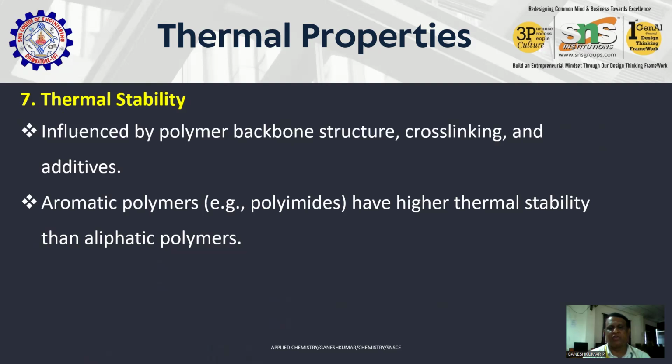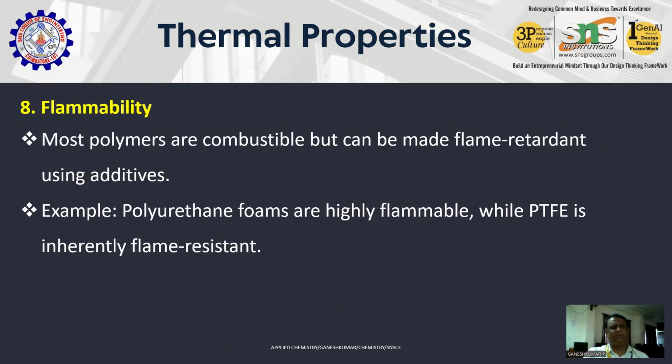Bakelite has a three-dimensional covalent bonding structure, so those structures are found to be heat resistant. The same thing happens here. It is influenced by the polymer backbone structure, and when cross-links form, it brings a sudden change. Aromatic polymers such as polyamides have higher thermal stability compared to aliphatic polymers.